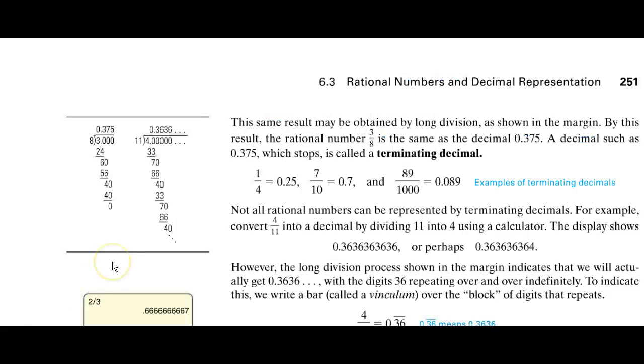Now in the old days, before we had calculators, we would have to do it by long division, as is shown here, and you get the same answer. Now notice in this case it terminates. Again, why it's called a rational number.